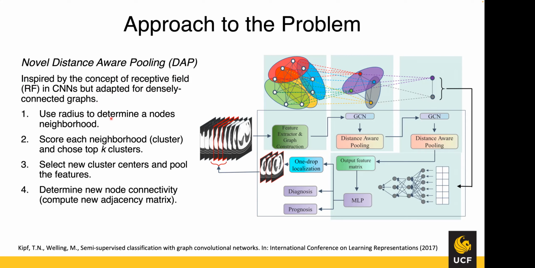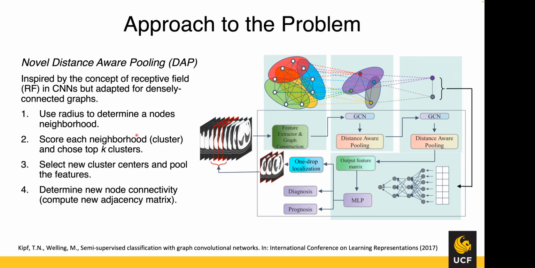The idea is you use a radius to determine each node's neighborhood or cluster, whatever you want to call it. This is similar to a nearest neighbor search, but instead of k nearest neighbors, it can have any number. The parameter is determined on the radius or the distance instead of the number of neighbors.